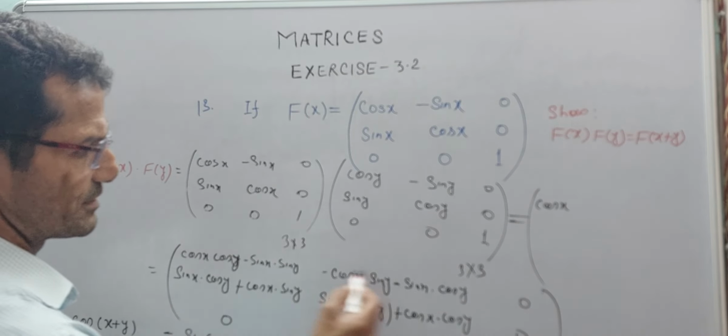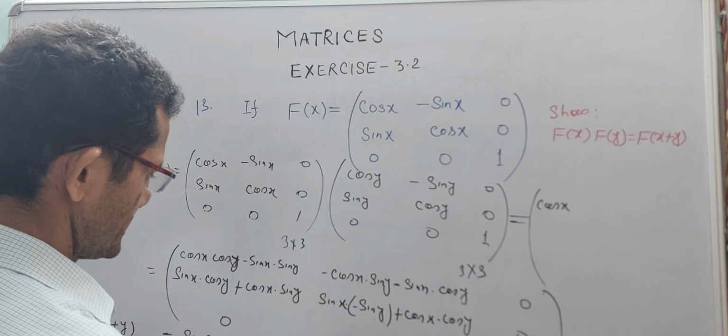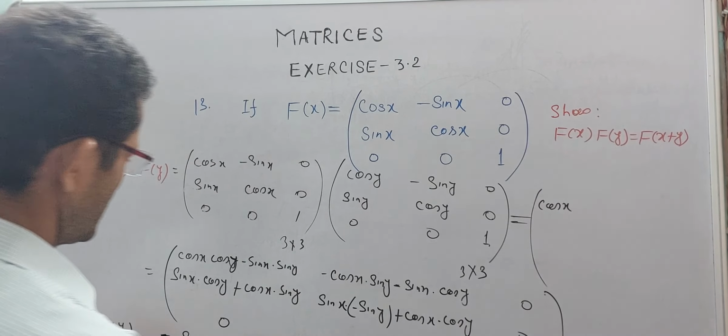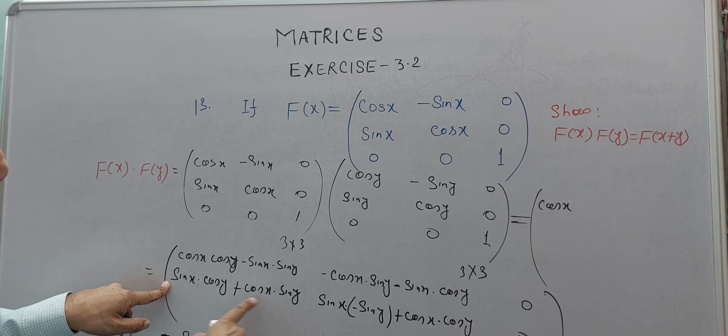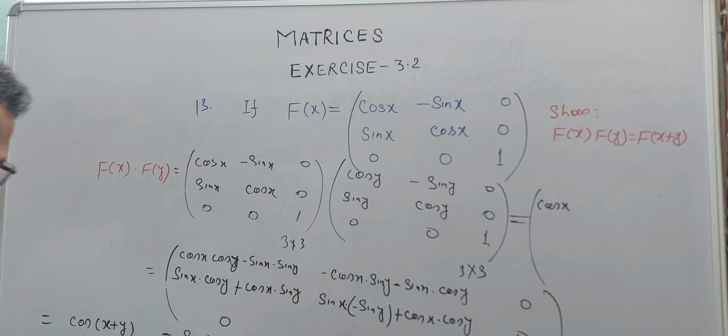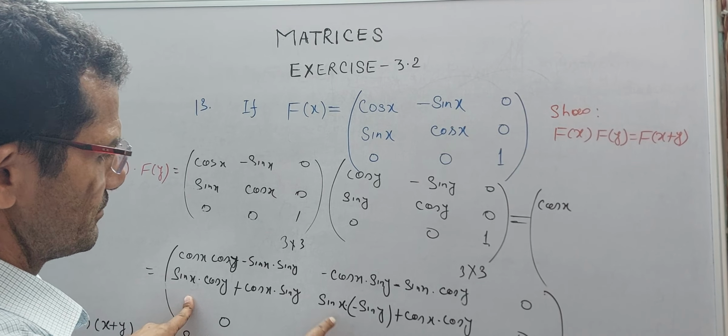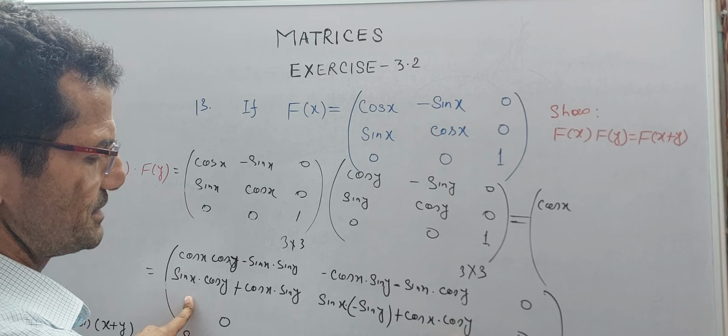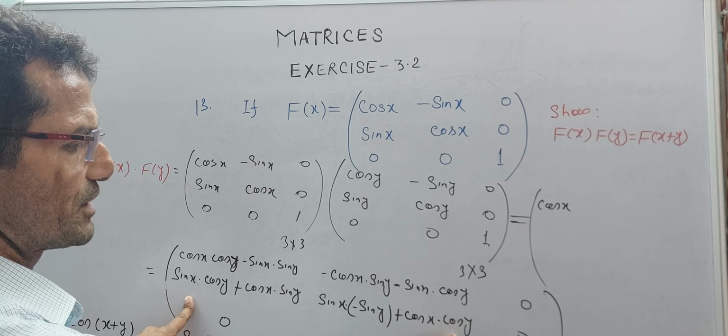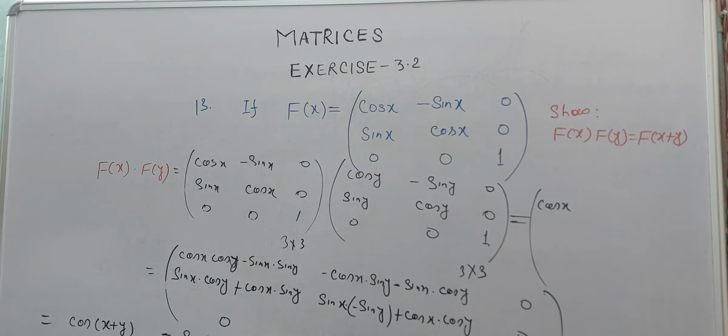Now the third entry of the first row is 0, and in the second row again the same thing: sin a cos b plus cos a sin b will be sin a plus b, sin of a plus b, and here minus outside, cos a cos b minus sin a sin b will be cos a plus b.